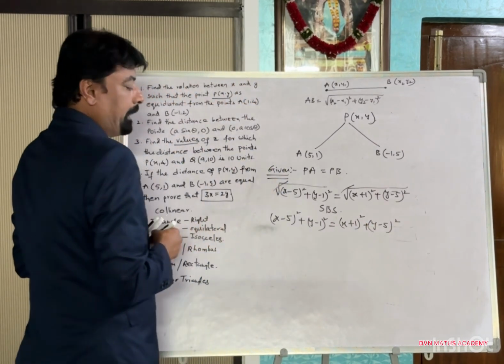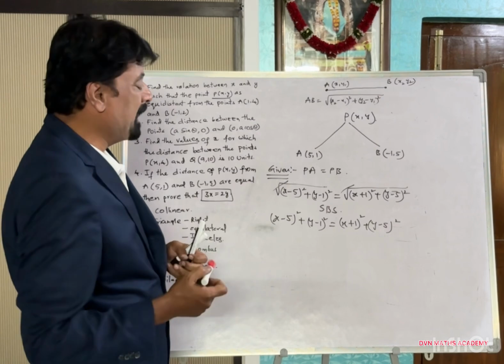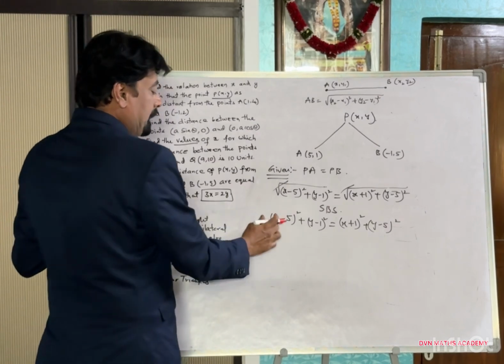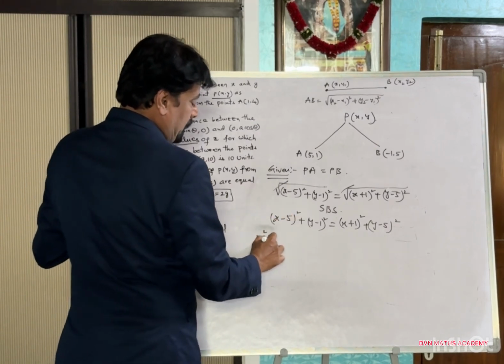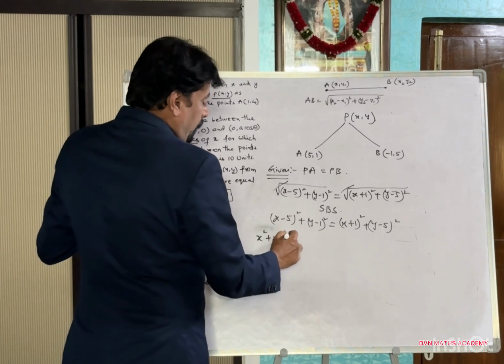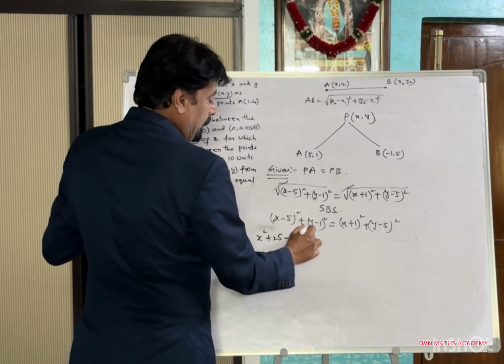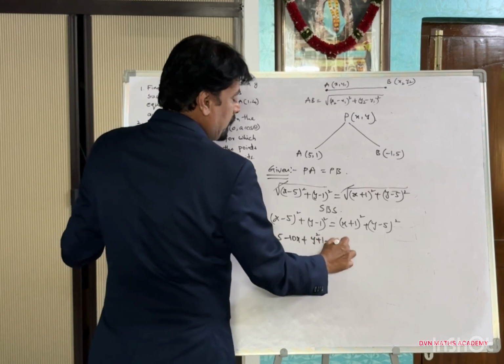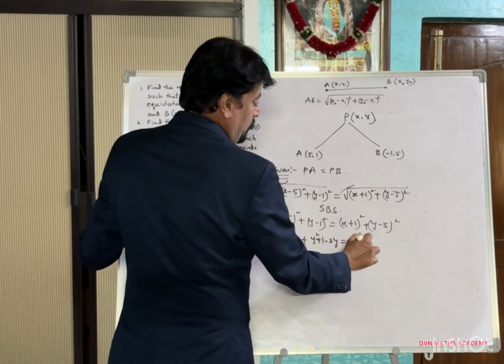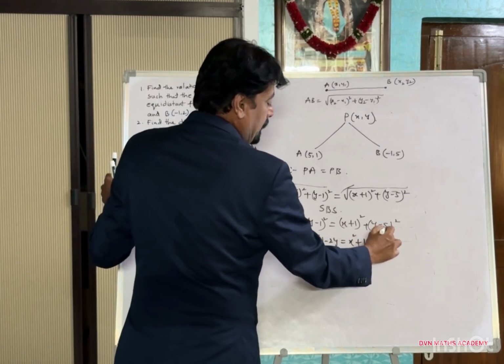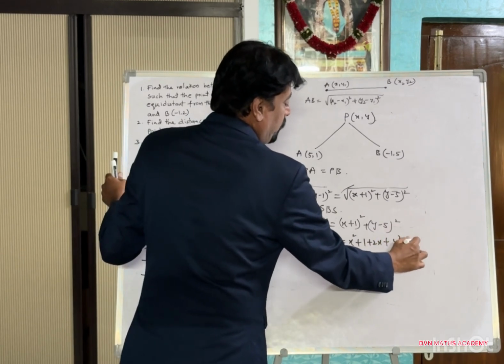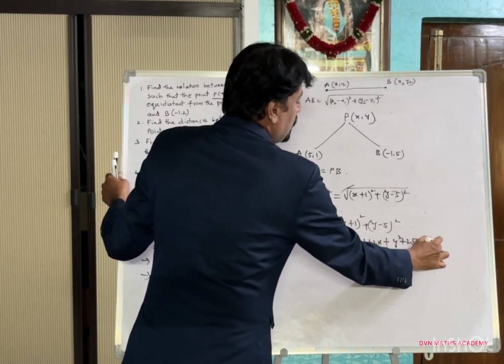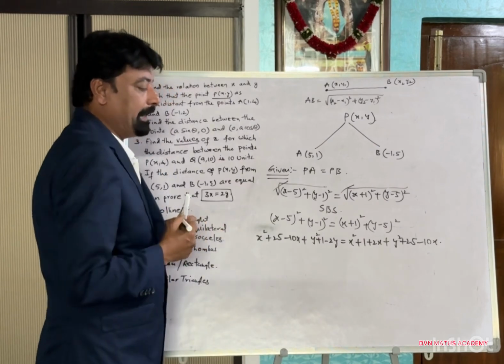Now you just open according to a plus b whole square or a minus b whole square. This is a minus b whole square, x square plus 25 minus 10x, and this is a minus b whole square, y square plus 1 minus 2y, is equal to x square plus 1 plus 2x, and this is y square plus 25 minus 10y. So I just applied a plus b whole square and a minus b whole square.